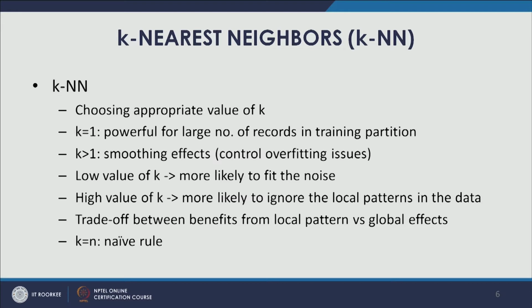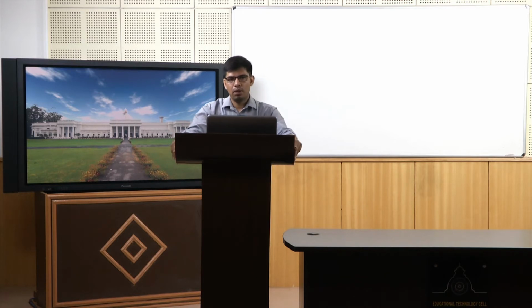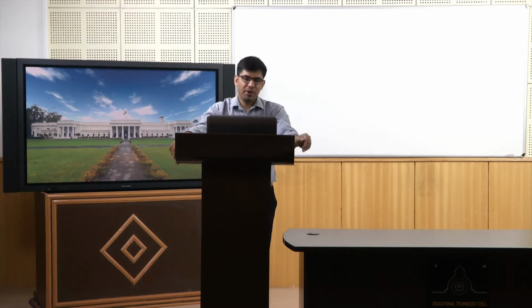If we opt for a high value of K, then we are more likely to ignore the local patterns in the data, because the smoothing would be heightened, and therefore the global effects would take dominance, and the local patterns might be ignored. So we have to trade off between the benefits from local patterns versus global effects.